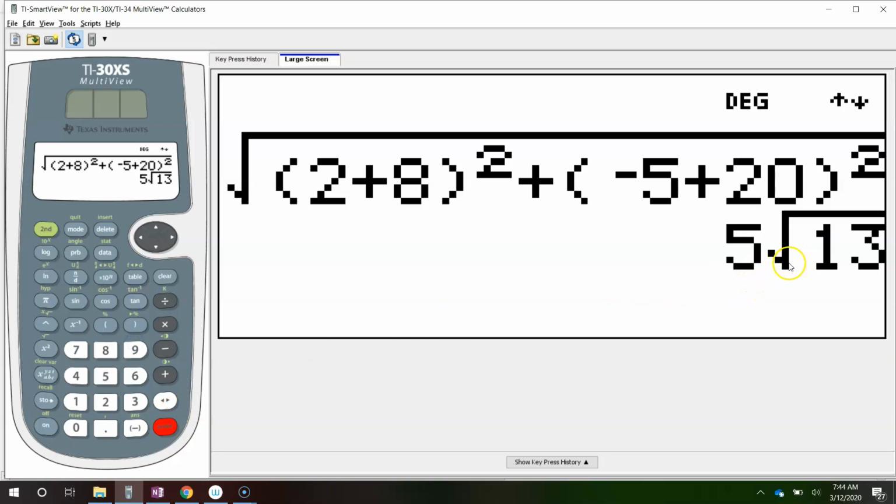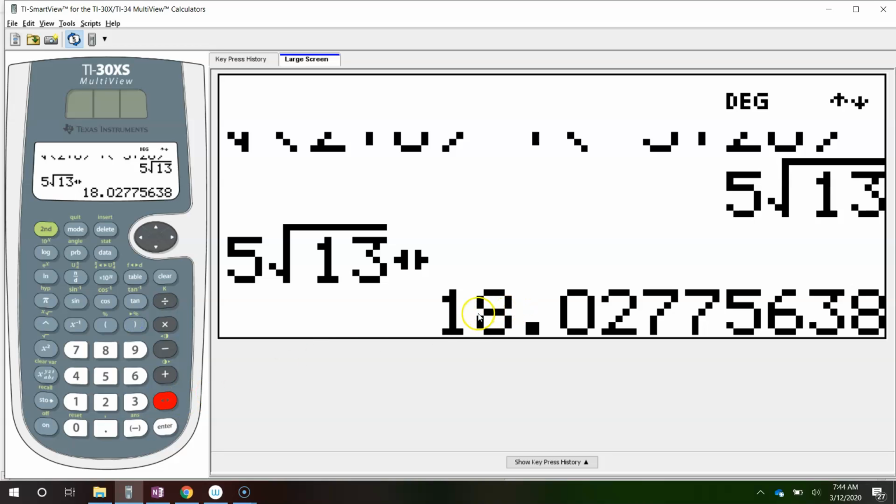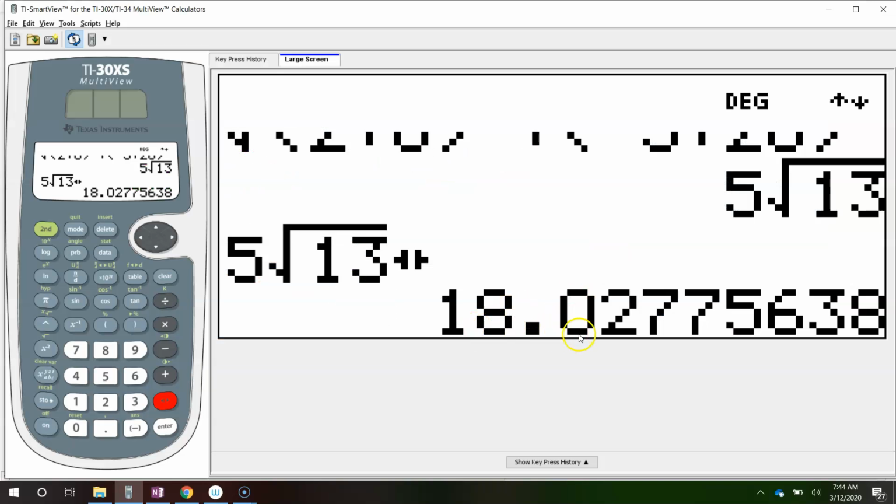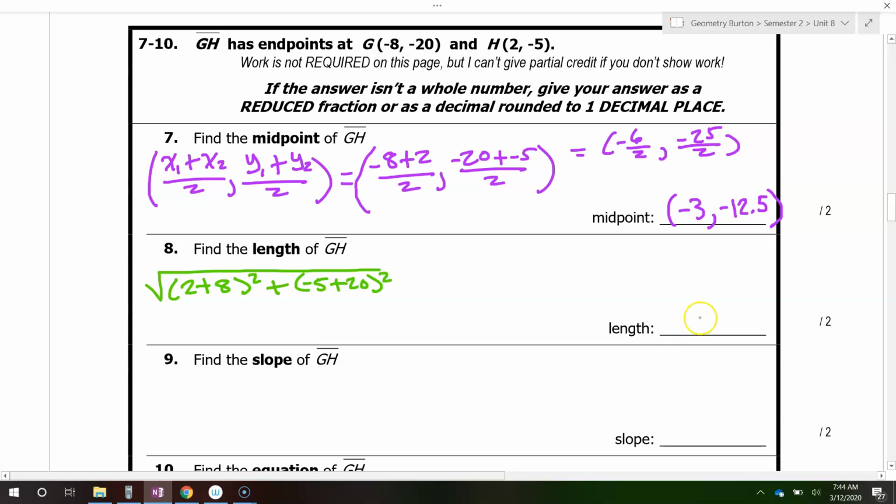Okay, so that's going to give us 5 radical 13, but I think they want a decimal. So that's going to be 18 point, how many decimals? 1 decimal place, so 18.0 actually. So the answer is going to be 18.0. So that's what happens if you just type the whole thing in your calculator.